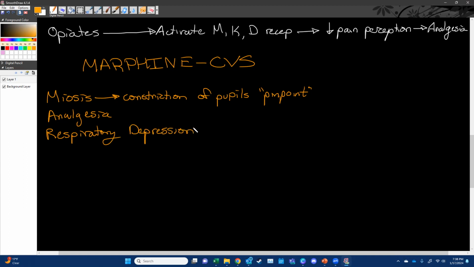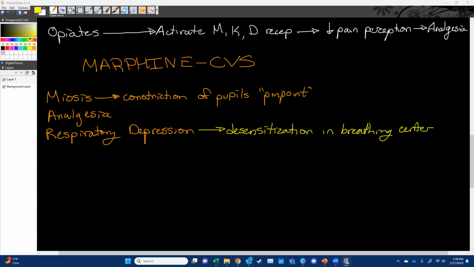What's important to know here is that the effect on breathing is due to desensitization in the breathing center in the brain.